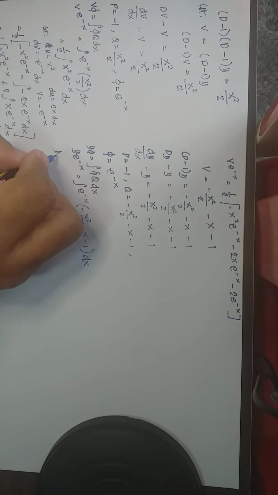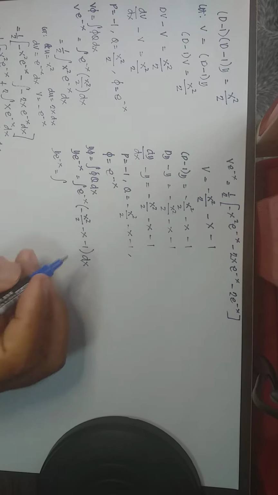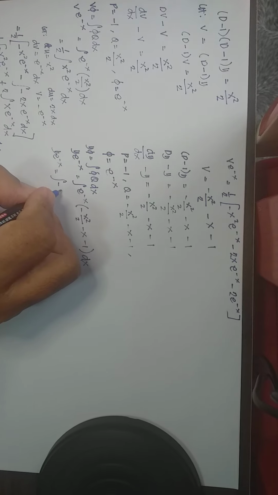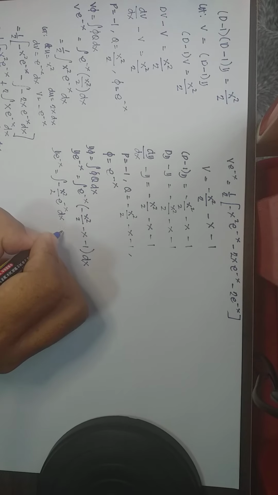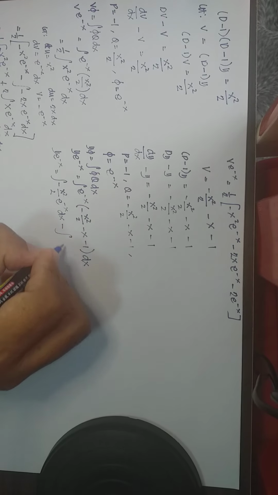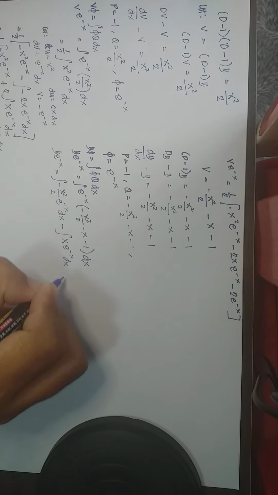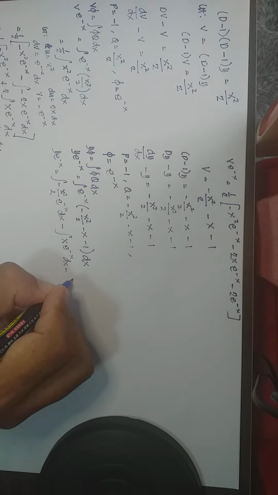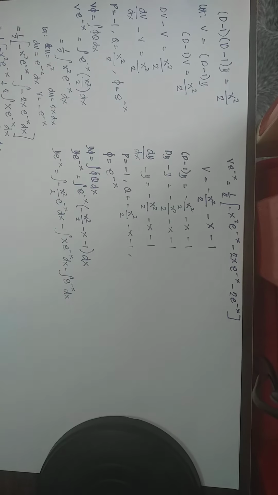Or y e to the negative x is equal to the integral of negative x squared over 2 e to the negative x dx minus the integral of x e to the negative x dx minus the integral of e to the negative x dx.